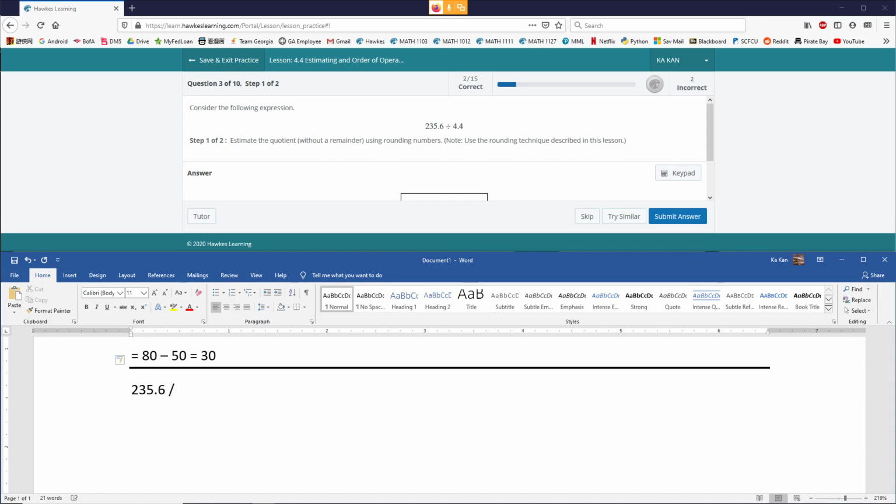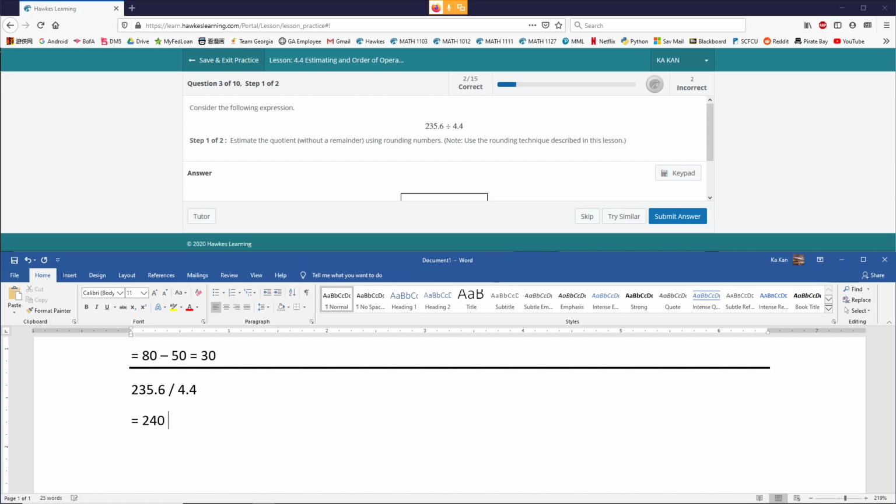Now the division is another part that again makes you scratch your head a little bit, right? 235.6 divided by 4.4. So what's the game here? Well, the game here is I don't want to be dividing decimal numbers. Let me just try to use logic, right, just to round it. So let's see. 235.6. That's almost 240, don't you think?